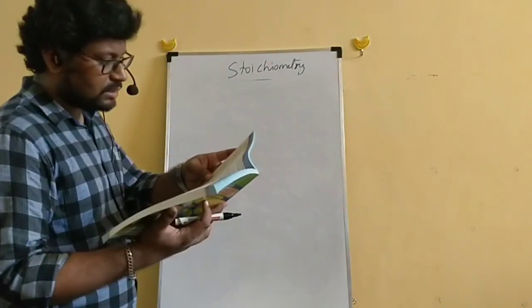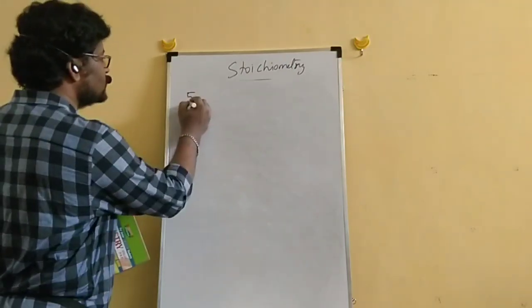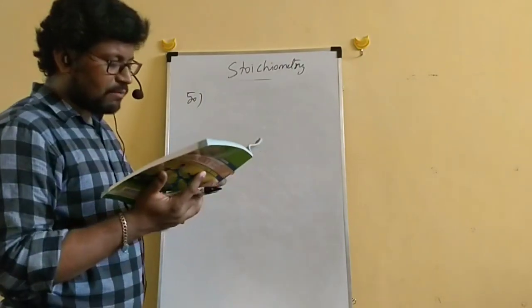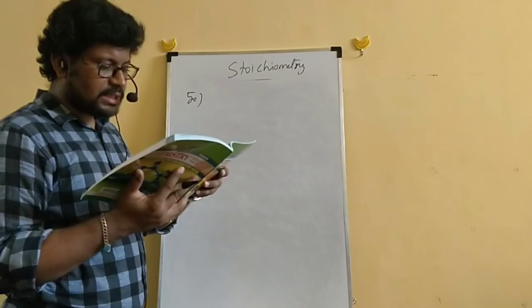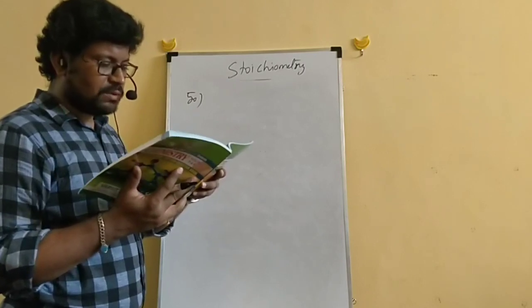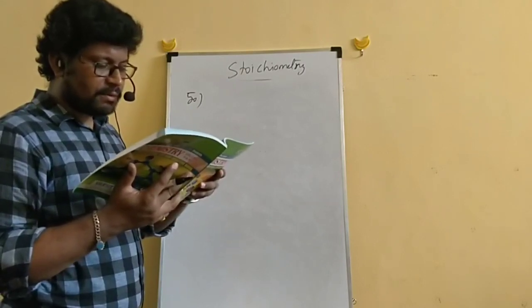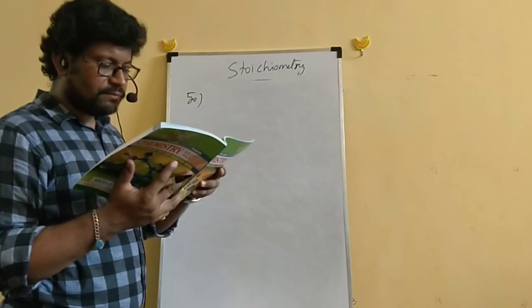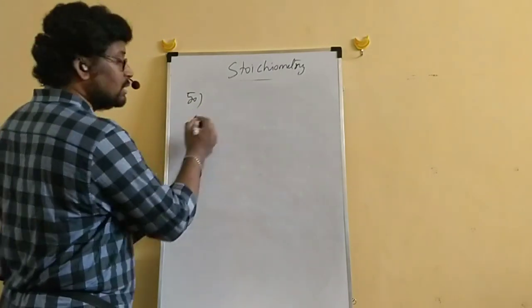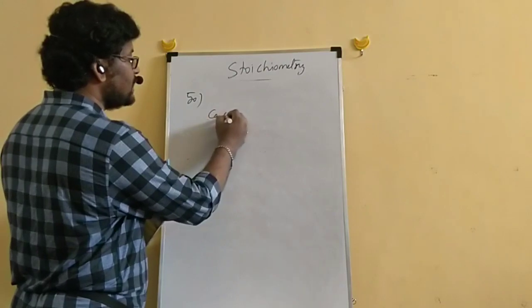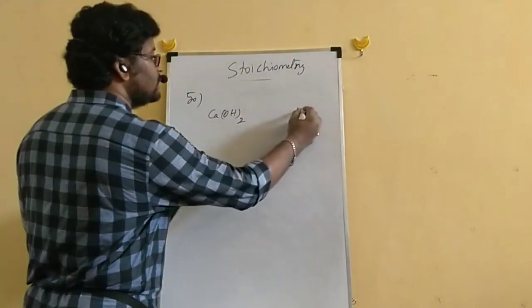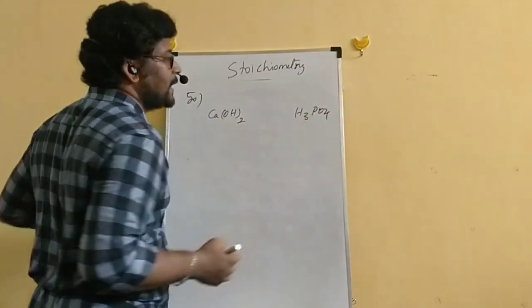First one, the 50th question: the volume of 0.025 molar Ca(OH)2 solution which can neutralize 100 ml of 10 power minus 4 molar H3PO4 is. They give Ca(OH)2 and H3PO4.